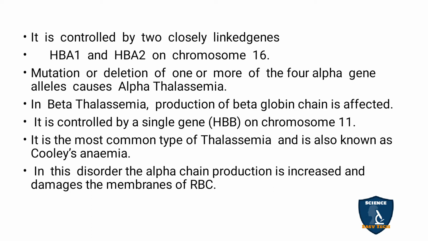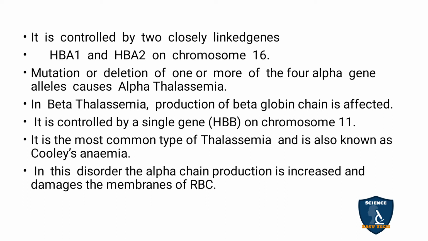And in beta thalassemia there is no beta globin production. So the beta globin production is affected in beta thalassemia, and it is governed by a single gene called HBB. The HBB gene is present in chromosome 11.